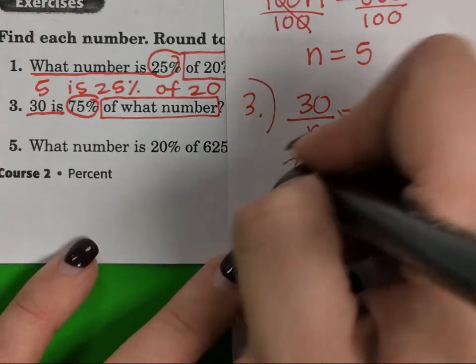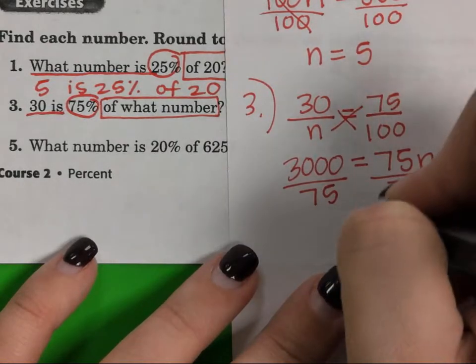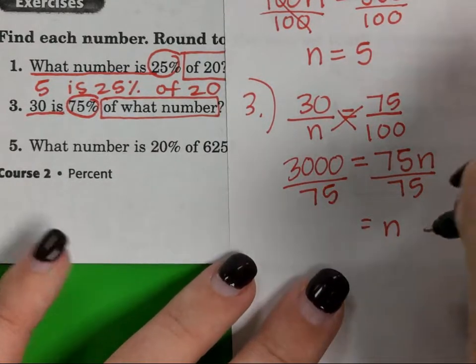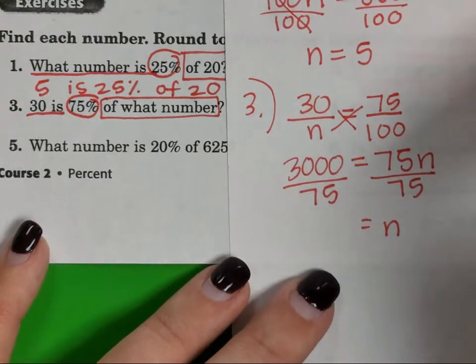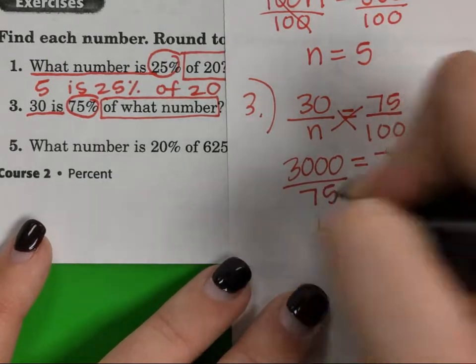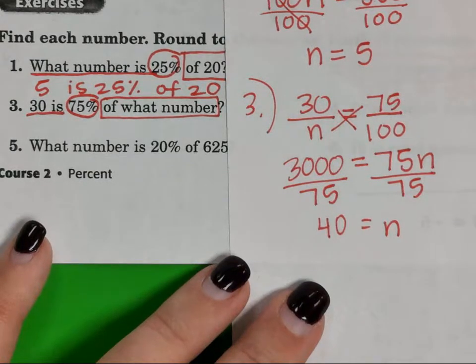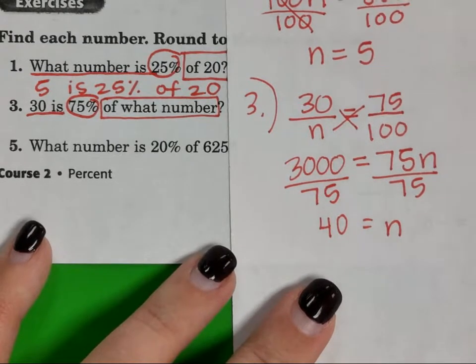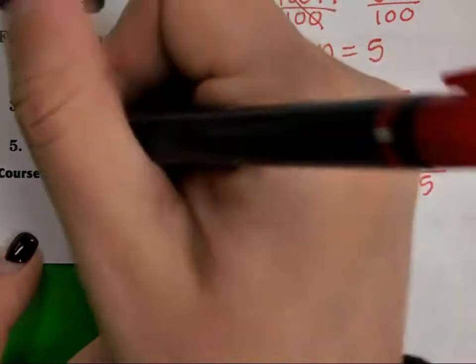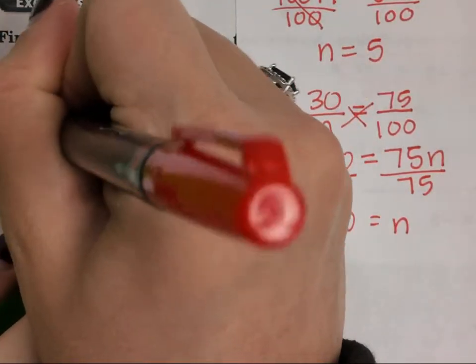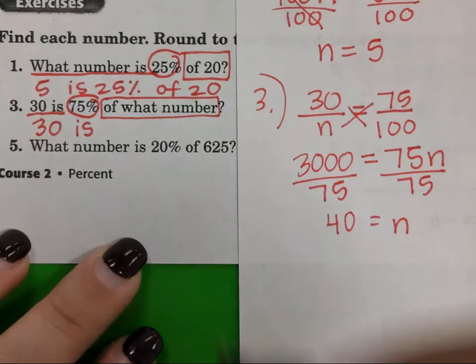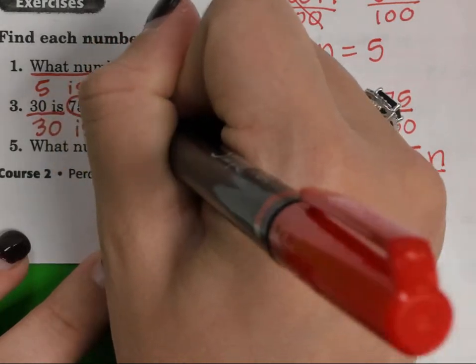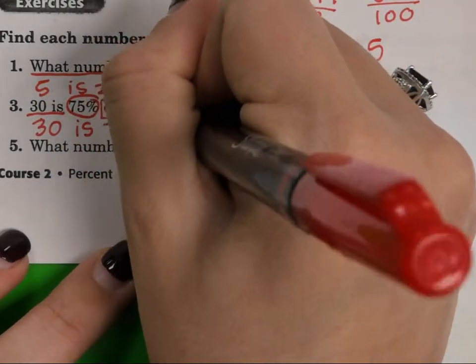Divide both sides by 75. So n is equal to what? 40. So what does that mean? 30 is 75% of 40.